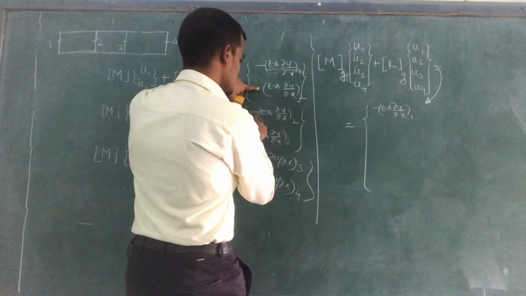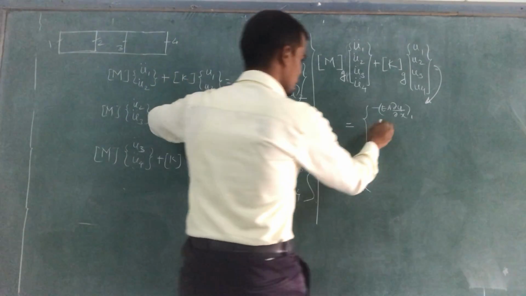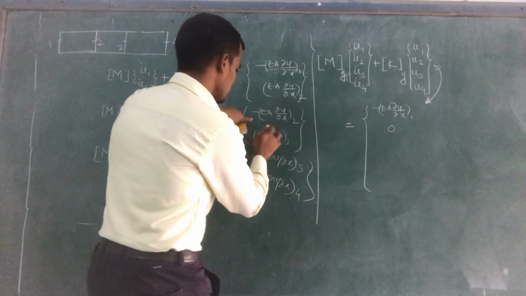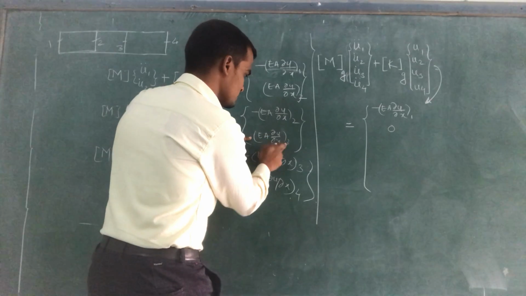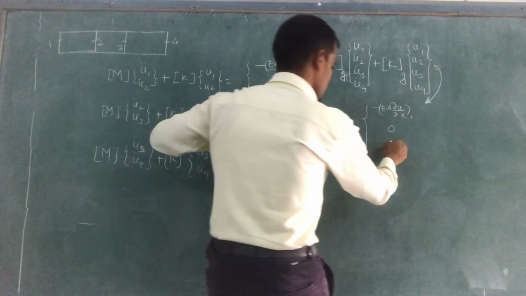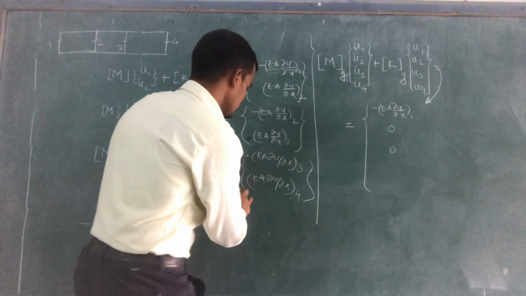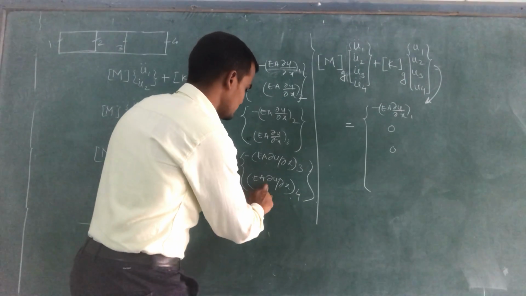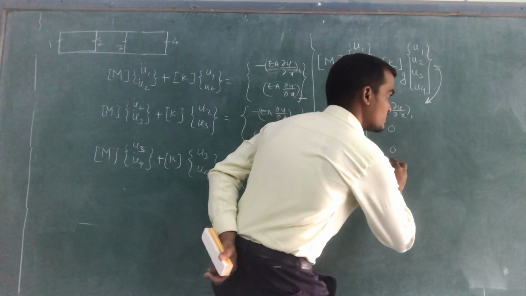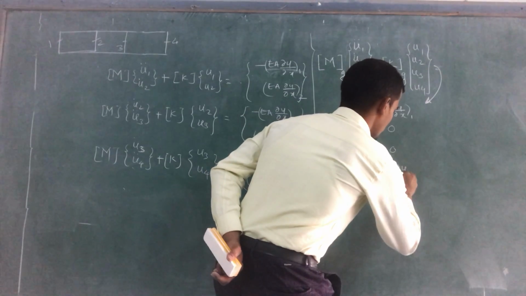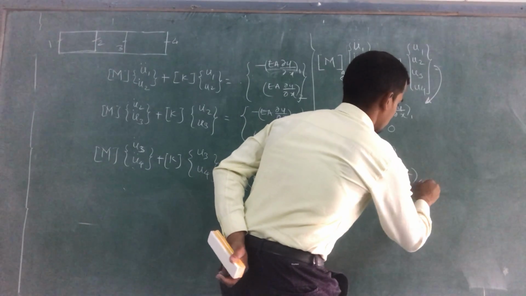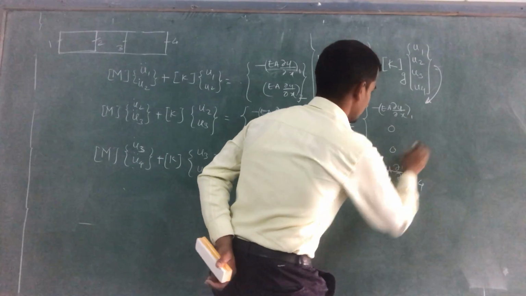So this is plus, this is minus, so this will be equal to 0. Then similarly, this plus this, 3 plus 3, because we need to add these, so this will also become 0. And finally, the last remaining term is EA dou u by dou x at node 4. So this will become like that.